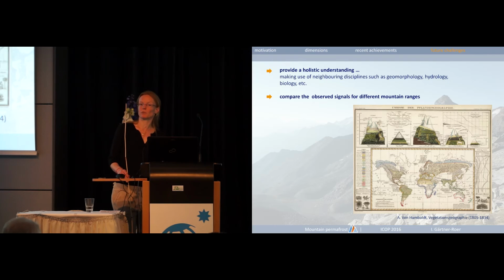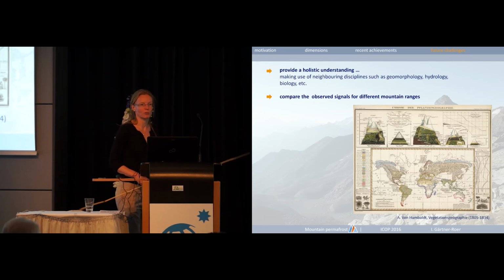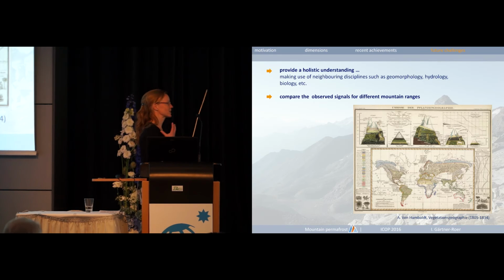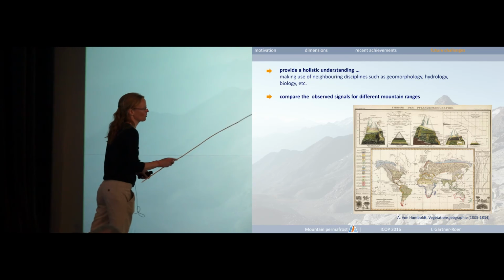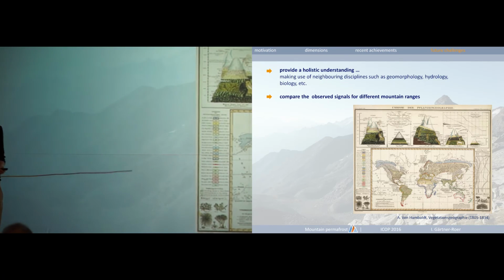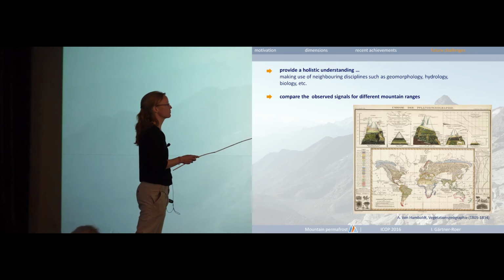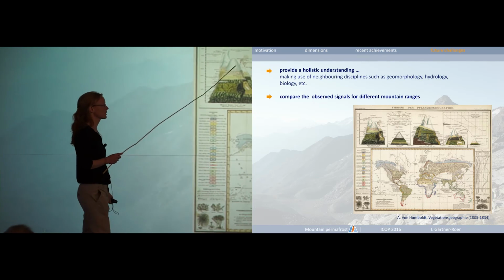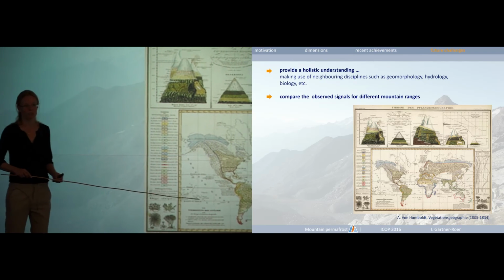And since we're here in the vicinity of Berlin, I think Alexander von Humboldt is quite a good example, because he was one of the first explorers combining different disciplines. Of course, he was concentrating on vegetation and vegetation geography, but he was also looking at different physical processes. He was mapping the snow-covered areas, and he actually compared different mountain ranges.